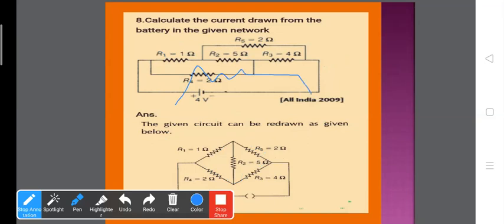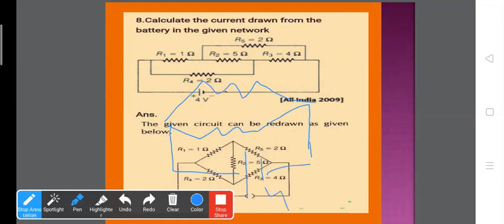This is the 4 volt battery and the current I that we have to calculate. Clear? So here this is resistance 3 ohm and this is 6 ohm.